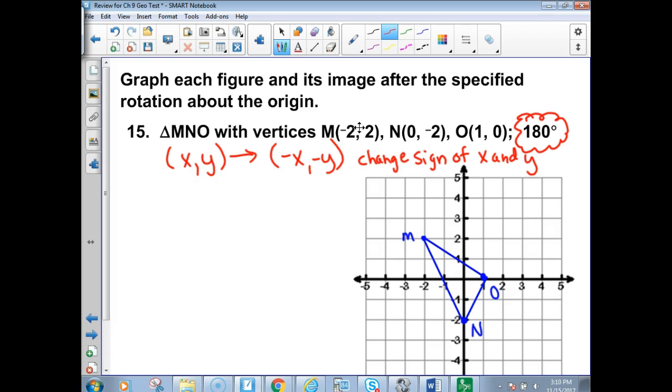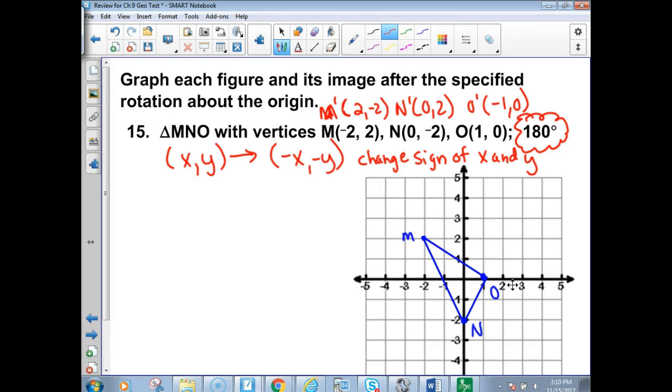Okay, so what we do is we say, all right then, M prime will then be at -2, sorry, not -2, it'll change to +2, excuse me. M prime would be at 2, -2, N prime would be at 0, +2, and O prime would be at -1, 0.